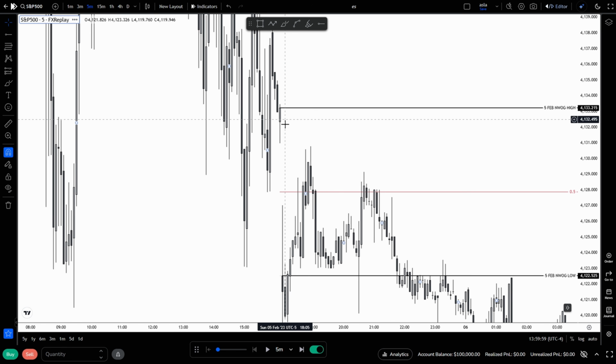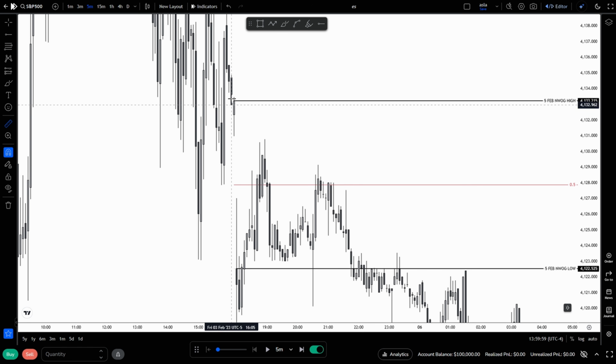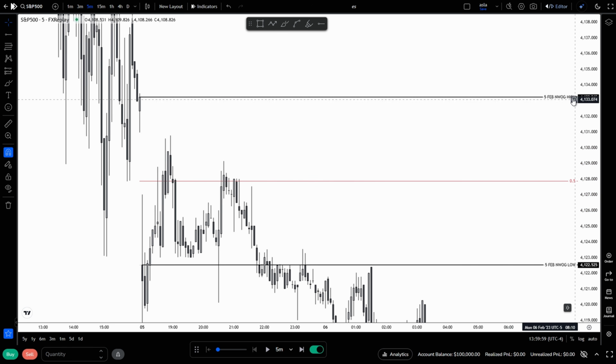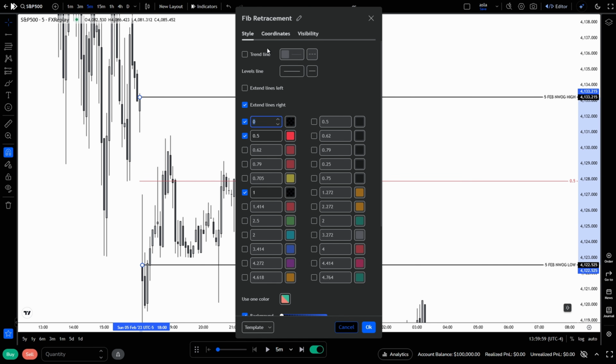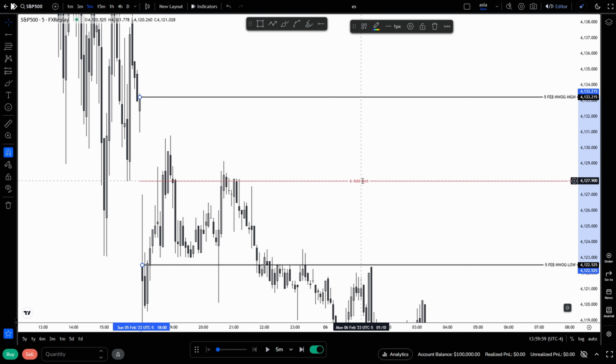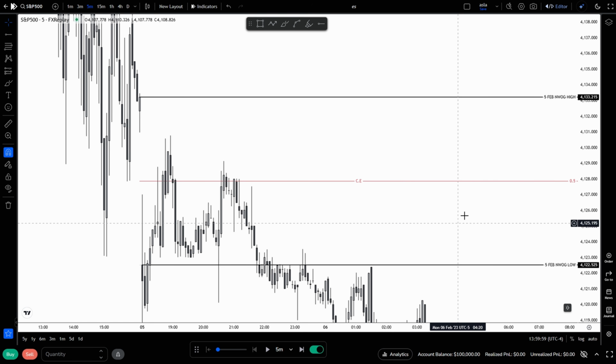That difference between the Friday close and the Sunday open is what we call the new week opening gap. And right in the middle of that gap, we have the midpoint, which is referred to as consequent encroachment. So now you have a complete structure. You have the Friday close, you have the Sunday open, and you have the midpoint between them, which is consequent encroachment. And that is exactly what it looks like on the chart.